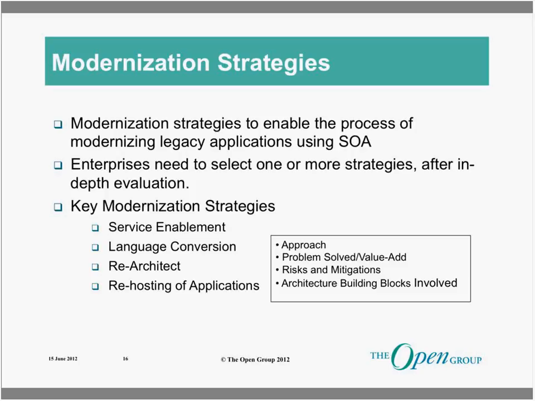There are a few modernization strategies we have documented in the guide. For each of these strategies, the format covers what approach you could take, what problems it solves or what value it adds, what the risks are and how you mitigate them, and what architecture building blocks are involved in that strategy. These strategies enable the modernization of legacy solutions and applications using SOA.